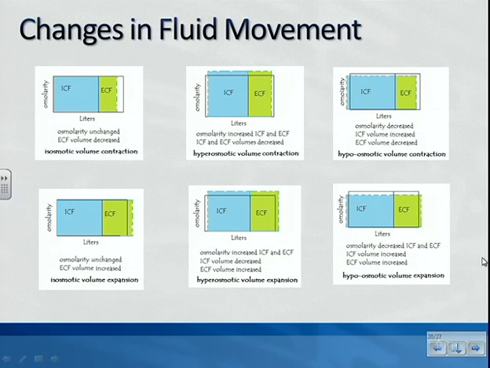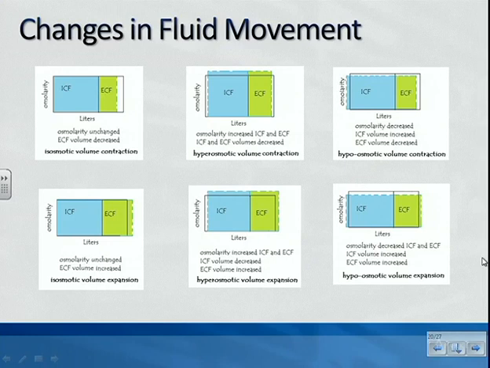So if you lose a lot more fluids than salt, what is happening to the osmolarity of your extracellular fluid? It's increasing. You're losing the fluid, but not all the salt. So your osmolarity of the ECF is going up.